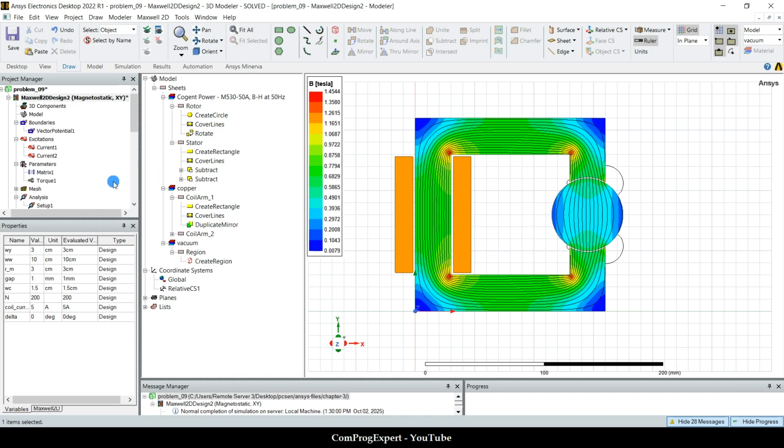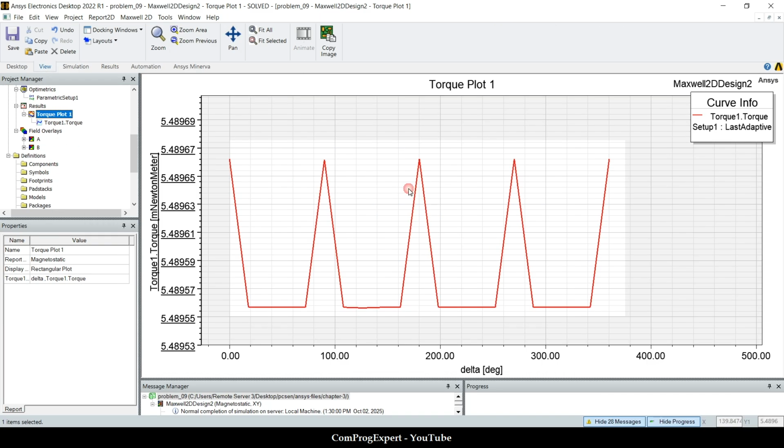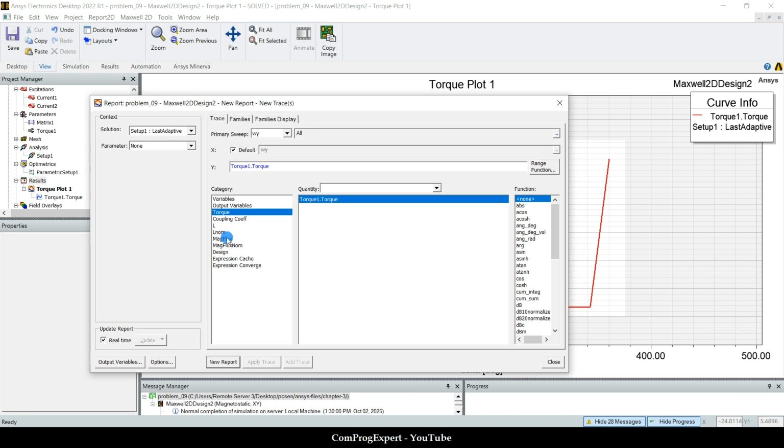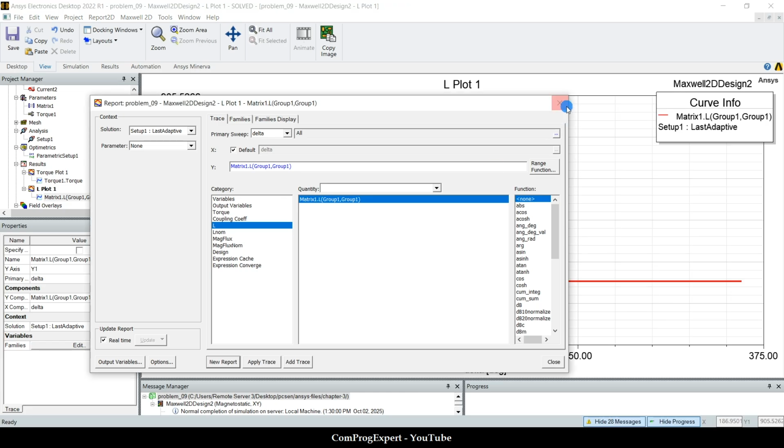As you can see, the value of the torque is equal to 0, a very low number. Okay. And what is the value of the inductance? The magnetic flux or inductance of this coil as a function of delta.